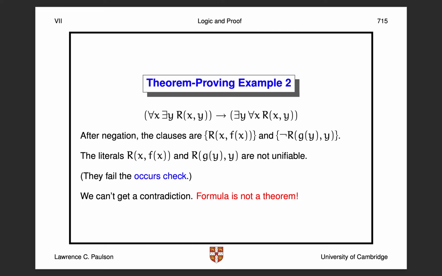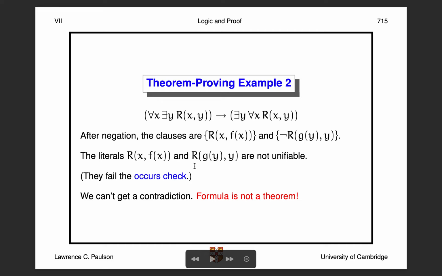Anyway, when we convert this to clauses, they are almost the same clauses as before, but as you can see, where we had constants, now we have functions. And it will turn out that the arguments of the Skolem functions will prevent unification due to the occurs check. So we have this one here: the first atomic formula has R(x, f(x)), so the second argument is syntactically larger than the first.